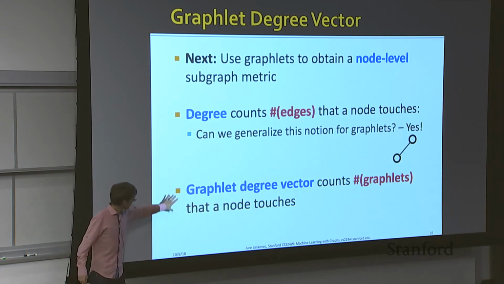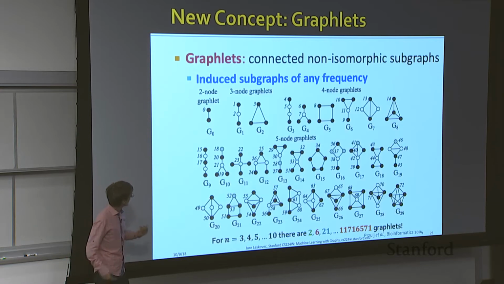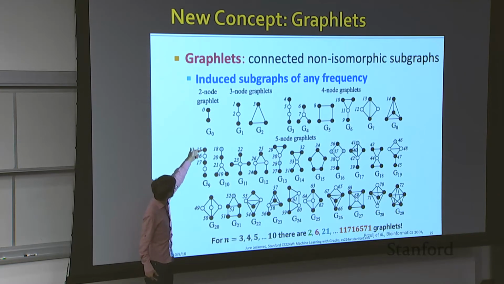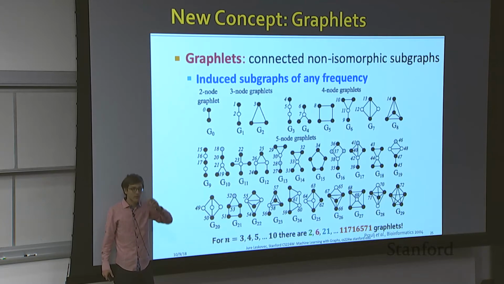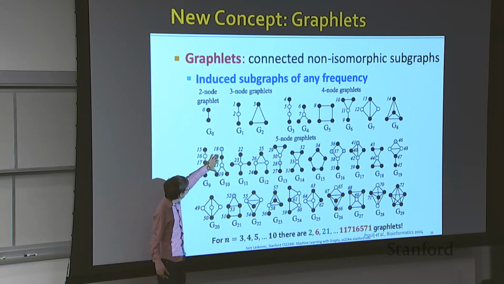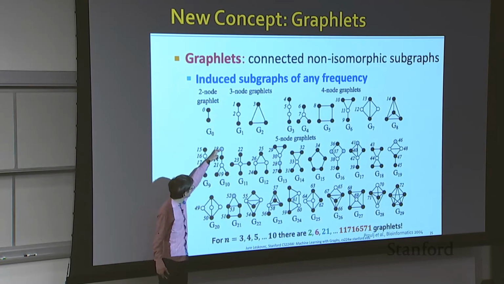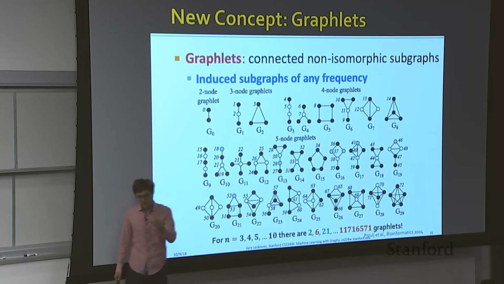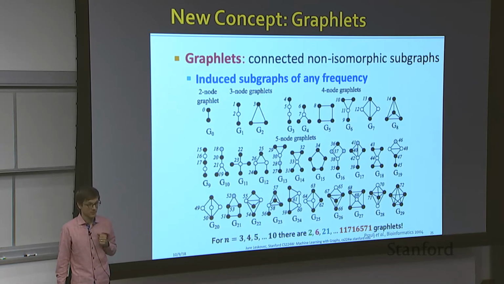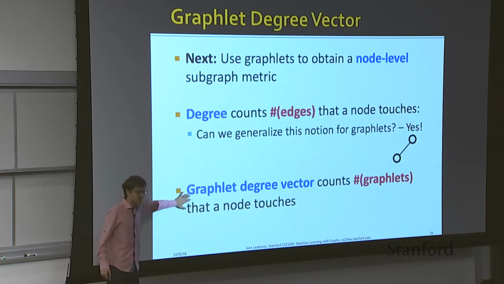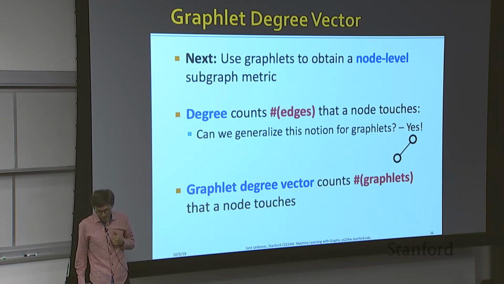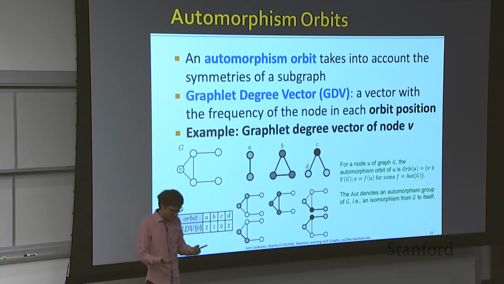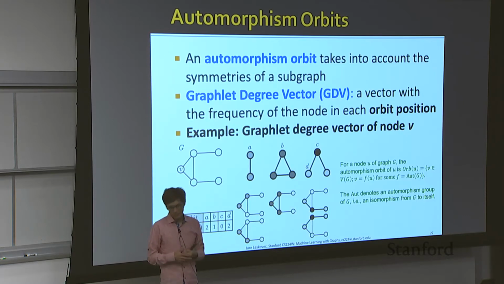And if we go back to the previous picture with this concept, then it's clear that for this type of subgraph, I can touch it at 3 different points, right? And this particular subgraph I can touch at 4 different points, that are non-isomorphic, or distinguishable from each other, okay? So that's some intuition on how to think of this. And then what I have to explain is this notion of an automorphism orbit, right?